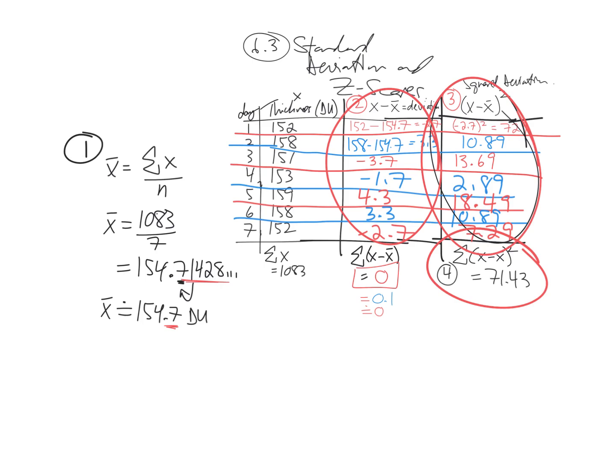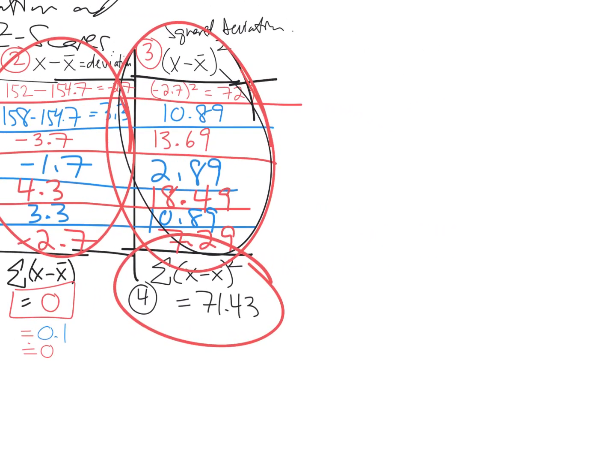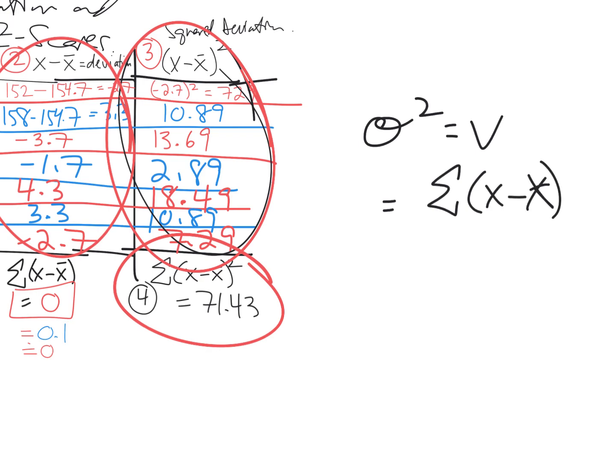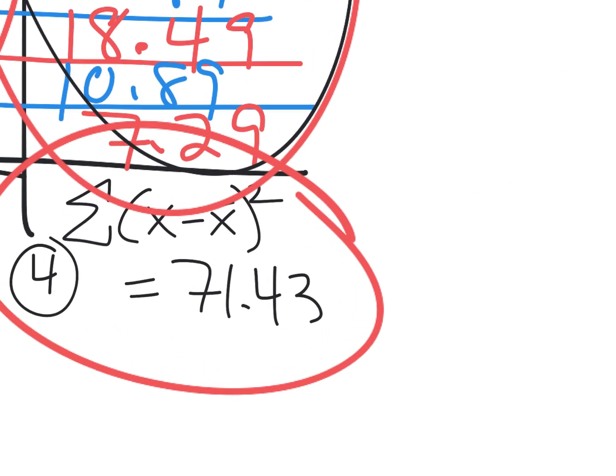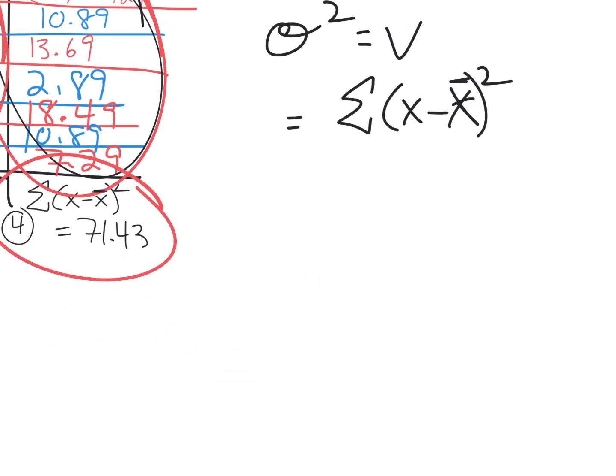Okay? Next, we're going to calculate something called the variance. Lowercase sigma squared is the symbol for the variance. That calculation is the sum of the deviations squared, which we just completed, divided by either the sample size or the population size.